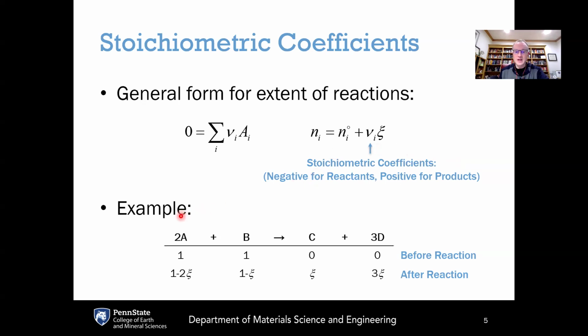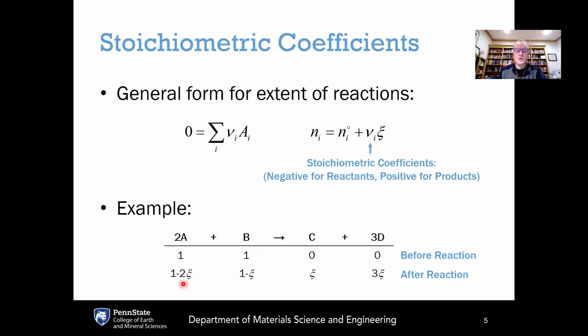So let's consider an example chemical reaction here where we've got 2 moles of A reacting with 1 mole of B, and they are producing 1 mole of C and 3 moles of D. And let's suppose that before the reaction here, we've got 1 of the A, 1 of the B, 0 C, and 0 D. After the reaction, we take our stoichiometric coefficients here, and we have our initial concentration, which is 1, minus 2, our stoichiometric coefficient for A, times ξ.